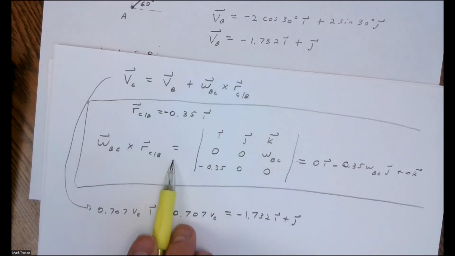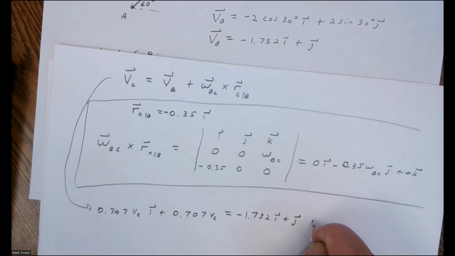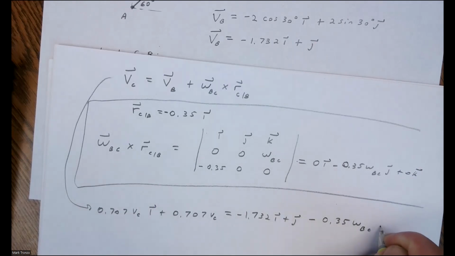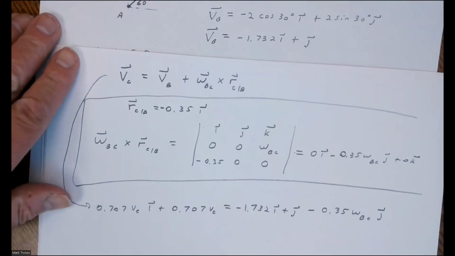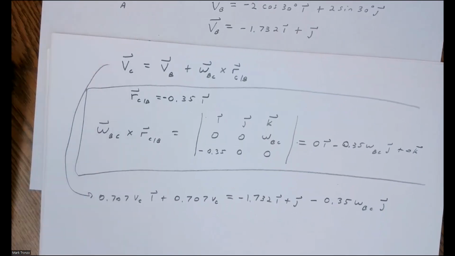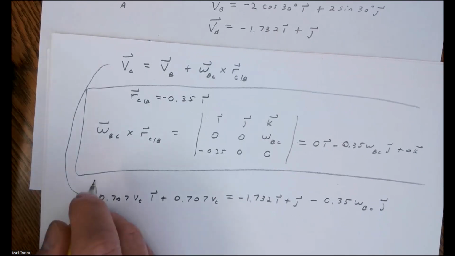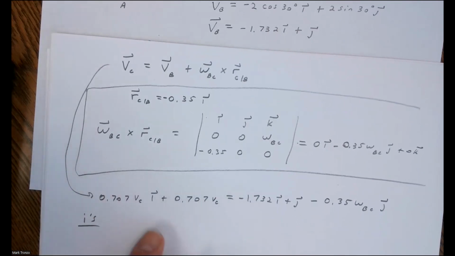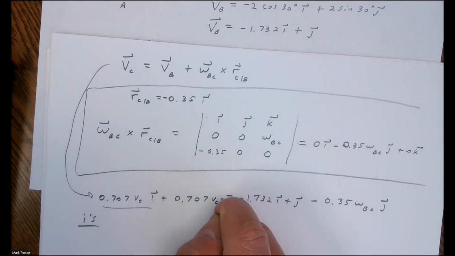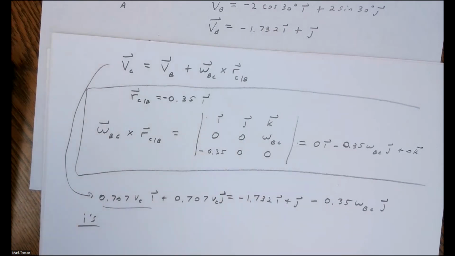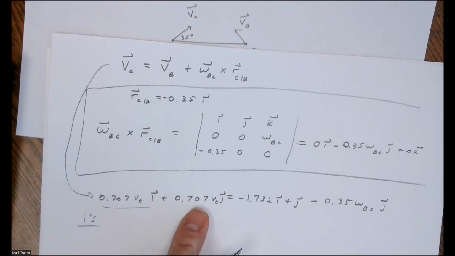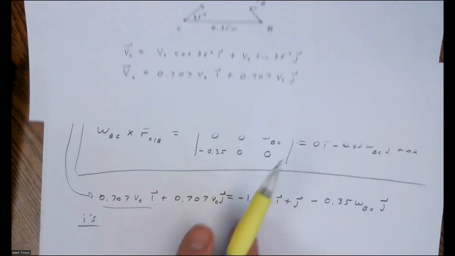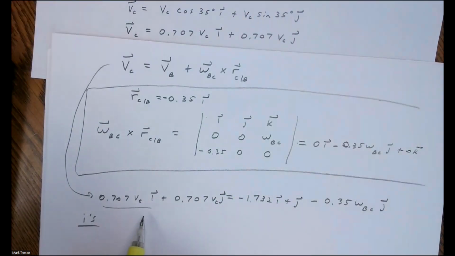Then omega BC cross RCB. And let's set the coefficients of the terms equal to each other, starting with the i's. Oh, I left off a j right here. Please fix that. I left the j off right there. Be sure to put that in. That was from this term here. And so the i is this.